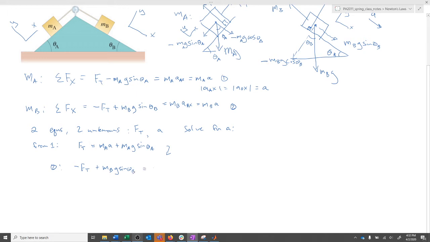Our expression 2, rewriting it, we would have the negative force of the tension plus m_B g sine theta_B is going to equal m_B times a. And then we're going to substitute what the tension force is into there, just being really explicit about the parts here.